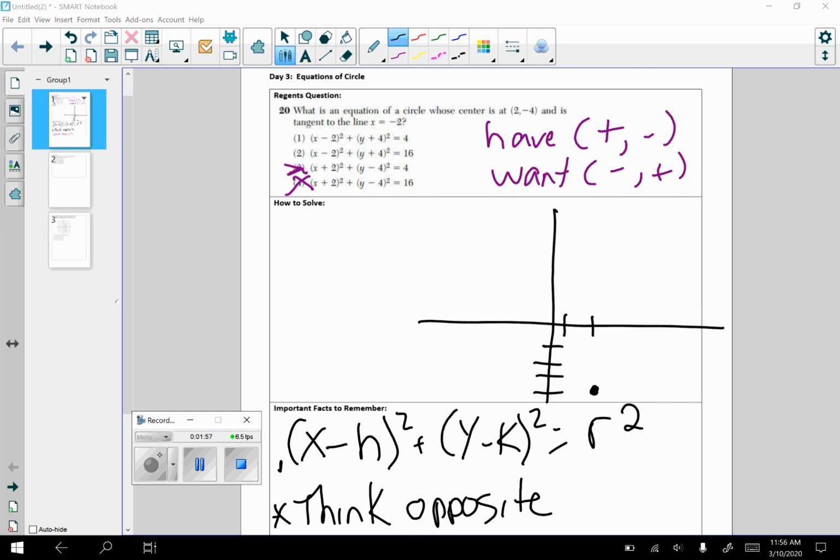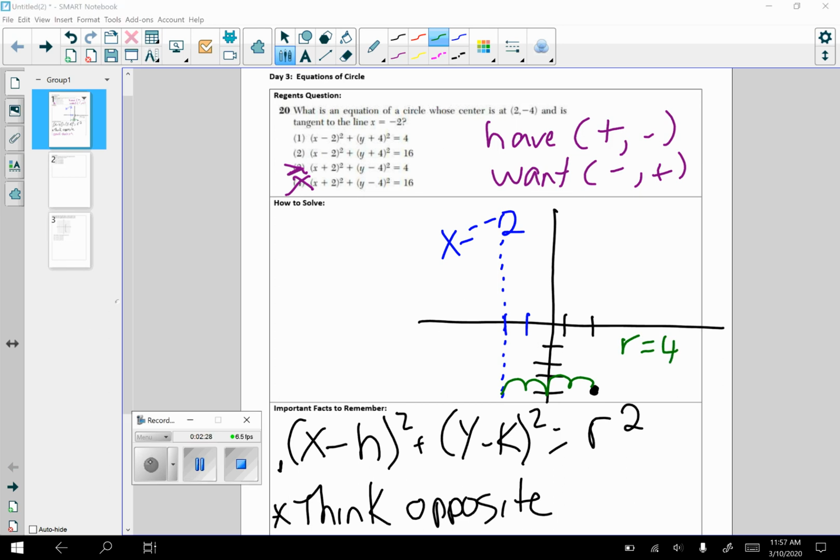I'm going to draw in the line x equals -2. If it's going to be tangent to x equals -2, then I count and see how long my radius has to be. 1, 2, 3, 4. So I know my radius is going to be 4.